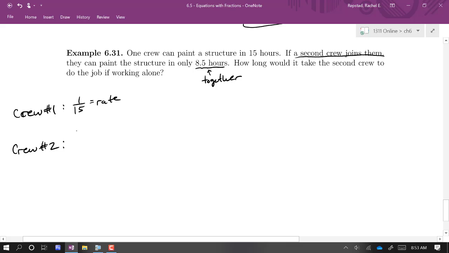That's what we're trying to find, how long it takes to paint that structure working alone. So there's where our unknown lives. So it's 1 over t is the rate. And we know that the time working together is 8.5 hours.